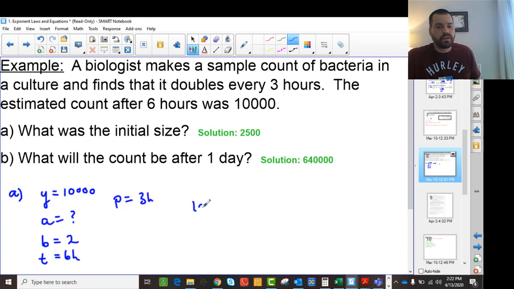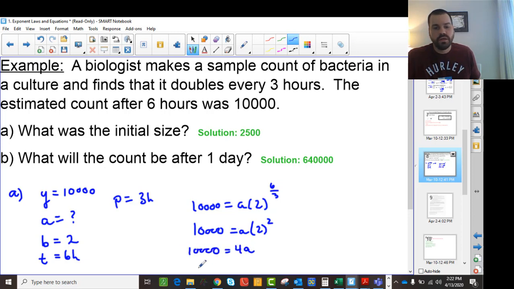So we're going to go 10,000 is equal to A times 2 raised to the 6 over 3. That gives me 10,000 is A times 2 squared, which means 10,000 is 4A. 2 squared is 4, and that means that A is 2,500.